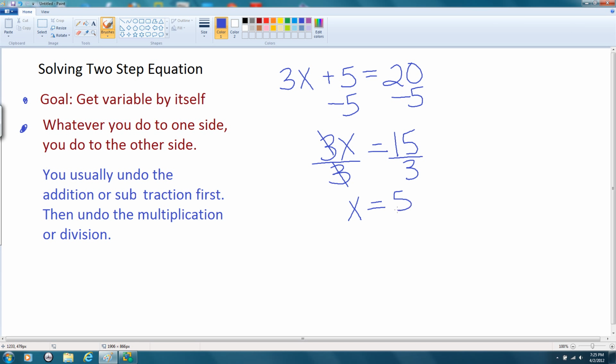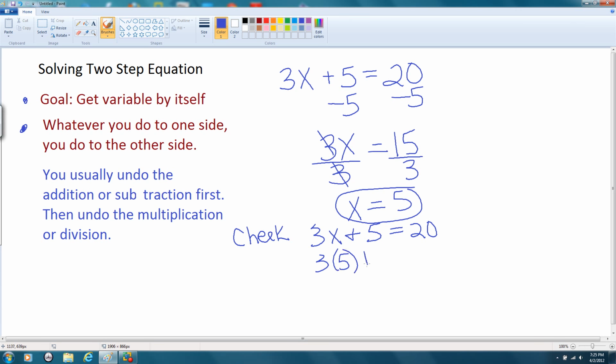And as you know, we can always check these. The check is always to rewrite the original equation, and then substitute what we have found here. x is equal to 5. We're going to substitute 5 for x, so we go 3 times 5 plus 5, and we're testing whether that is equal to 20.